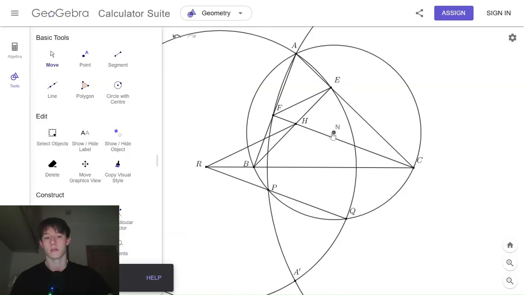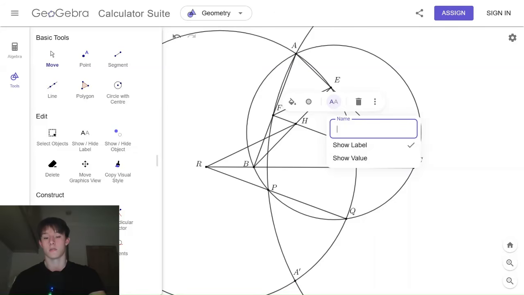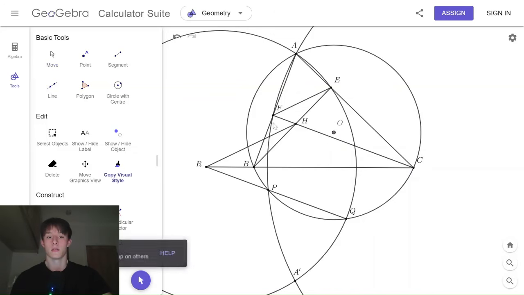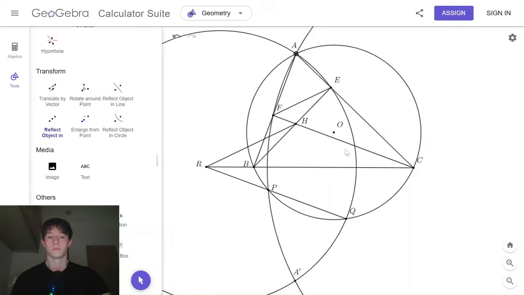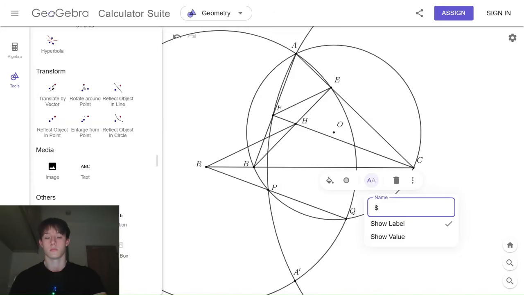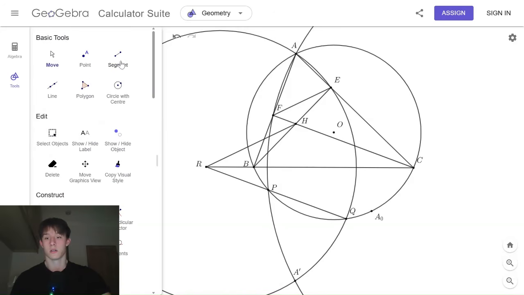So if I take a point here, mark it as O, and then essentially I know that by taking the antipode, let's call it A0, and then I intersect segments AO and BC at point, let's call it D.